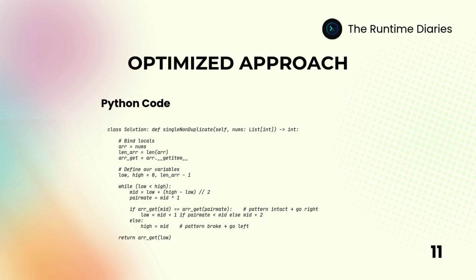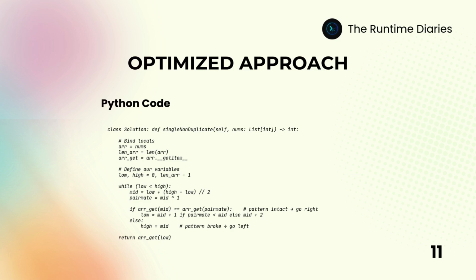Here's the final version of the solution. I bind locals at the top for speed and clarity: arr = nums, arr_get = arr.__getitem__. Inside the loop, I compute mid and the pair mate index with mid XOR 1.